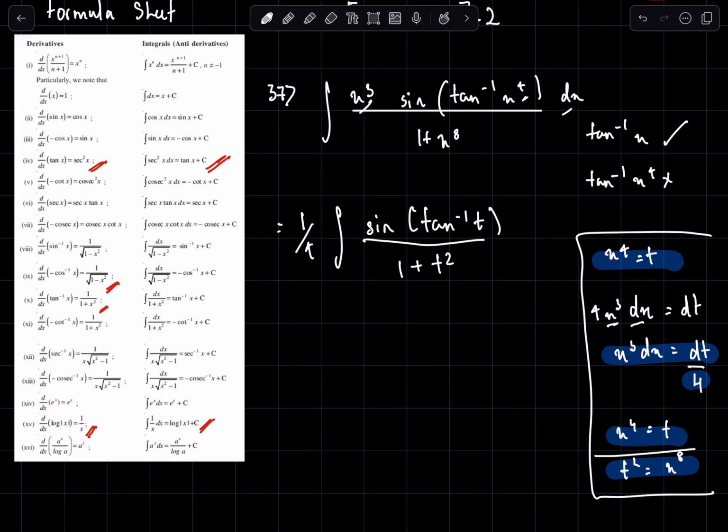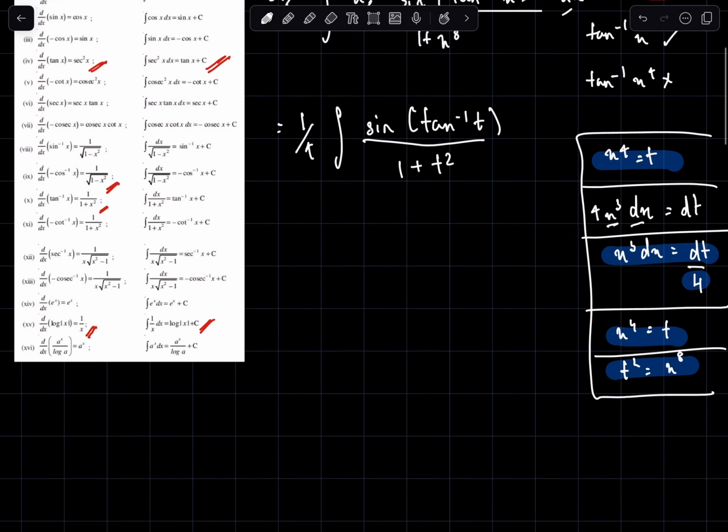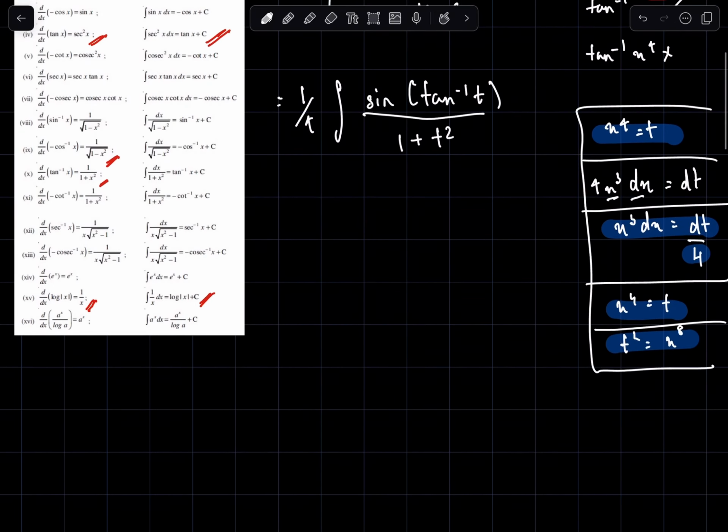Important. Now you can do the tan inverse thing, right? Because now you have tan inverse t, which is there in the formula sheet. So now you take the next substitution, tan inverse t is equal to u. So this is a double substitution kind of thing.